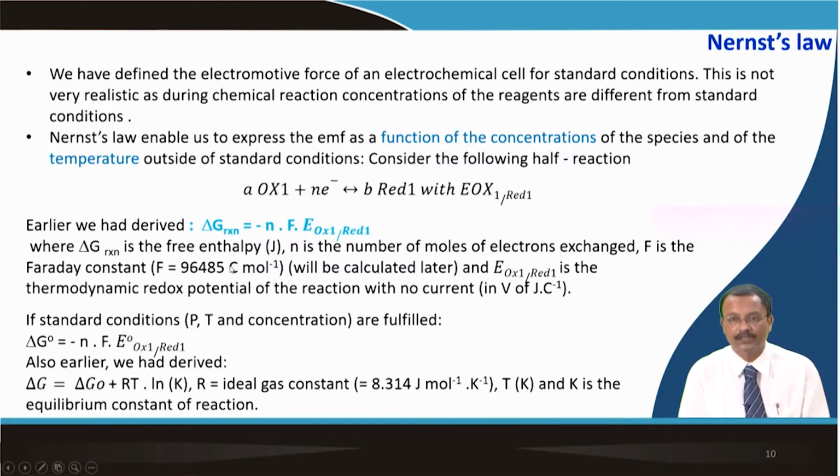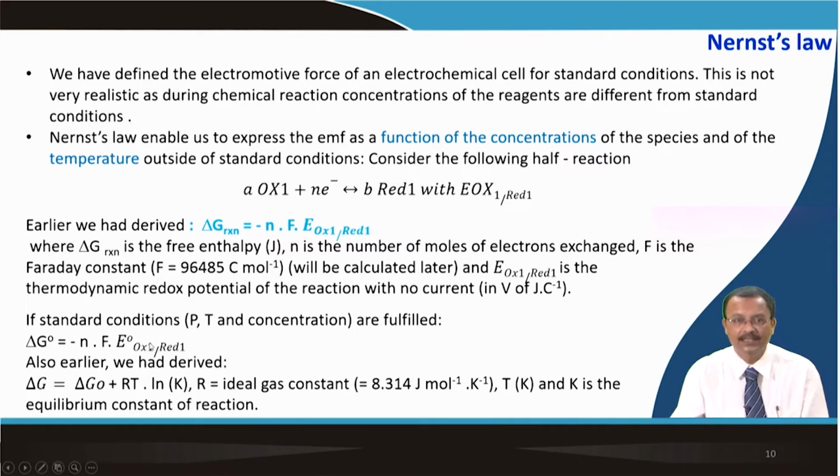Usually the Faraday constant is estimated to be 96485 coulomb per mole, and we will calculate it later. This potential is the thermodynamic redox potential of the reaction where no current is flowing, so it is under open circuit condition. It is measured in volt or joule per coulomb, from dimensional analysis.